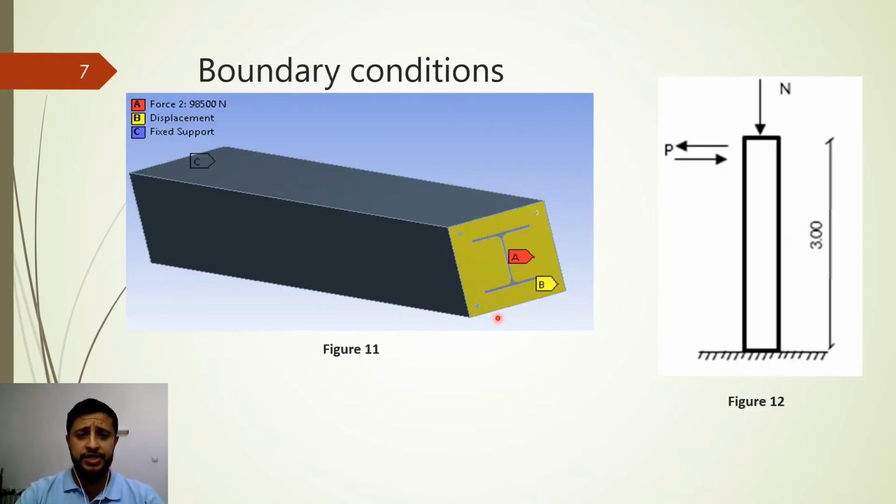The boundary conditions are fixed at the bottom and free at the top of the column, as indicated in figures 11 and 12. Firstly, the axial load was applied at the middle of the free end of the column, and the horizontal load is applied with displacement using boundary conditions under different increment steps.